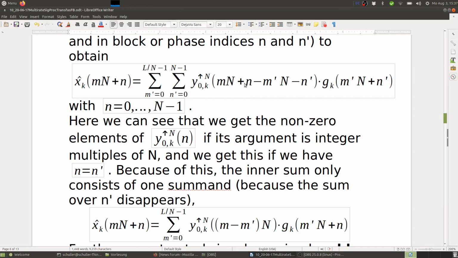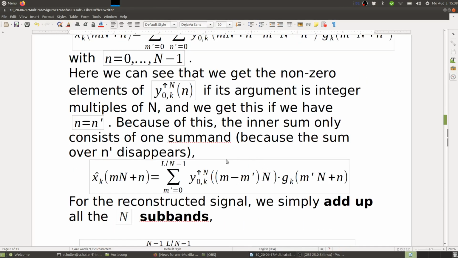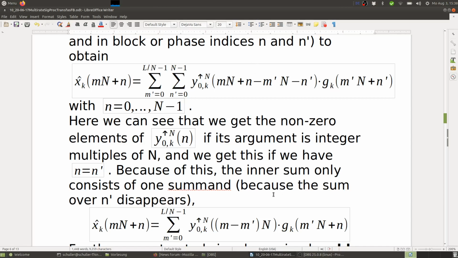So if n equals n prime, then those two cancel, and all that's left is mN minus m prime N. And this is an integer multiple of N, right? We have m minus m prime times capital N, which we can then see here. So what's left of this expression is only this: m minus m prime times capital N. And here we can replace n prime by n because we set them equal.